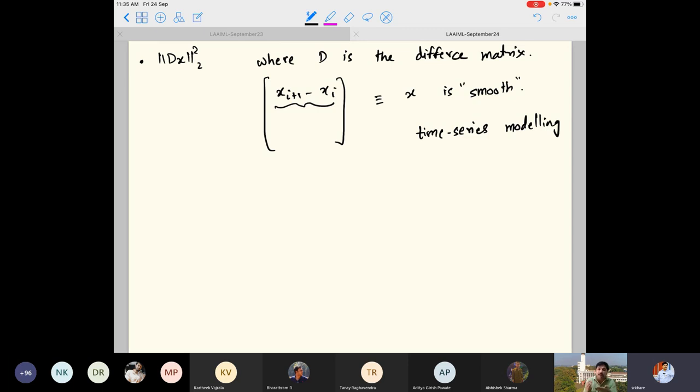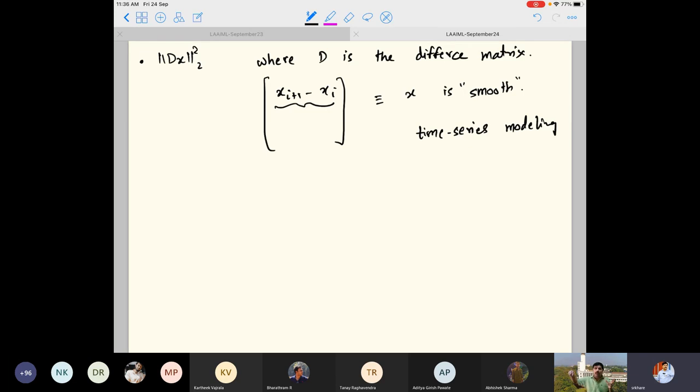There is no sudden jump in the time series values. It might be representing a stock value, for example. You don't expect that within a minute the stock value will suddenly jump or suddenly fall down. It's kind of continuous, so there is a trend.